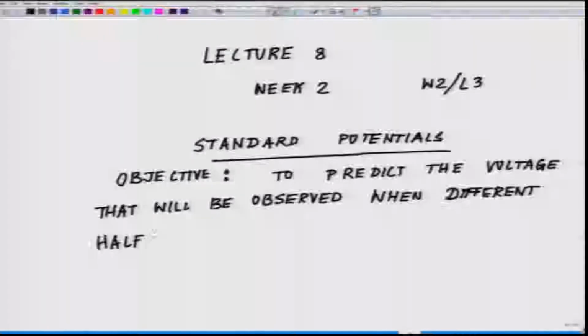I have already introduced the concept of half cells.